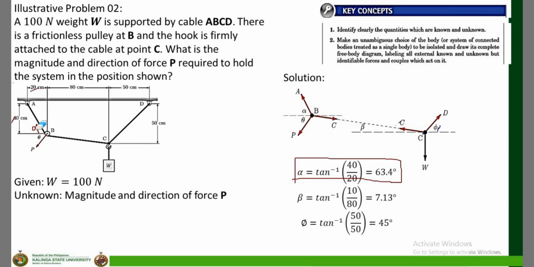Tatano alaok mat ni beta. Solve ko ni beta. Ni beta, iso daytoy nga angle. Napansinan nyo? Ditoy. So, napansinan nyo ditoy, diagram, daytoy ni beta.